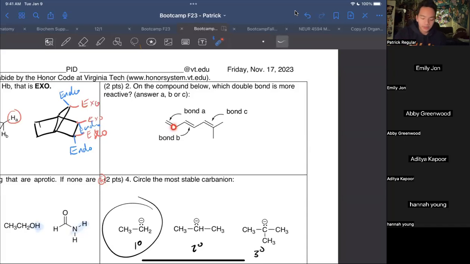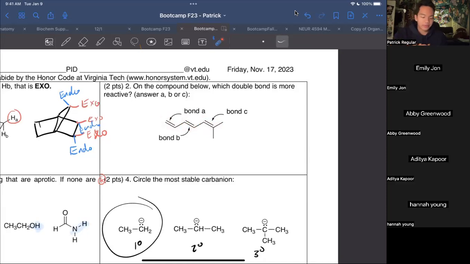It's going to start here. It's going to start here. But between B and C, it's also going to start here and here. These 4 spots are where the carbocations will initially form. Not here and not here, because then they would be isolated.